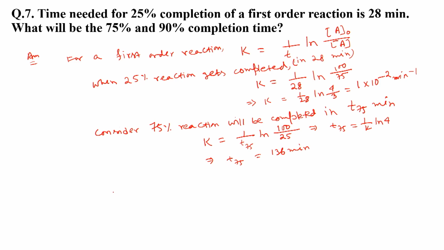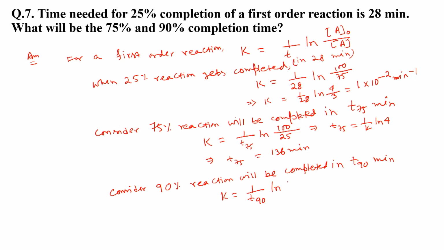Now we consider 90% reaction will be completed in T 90 minutes. So k is 1 by T 90 times ln.